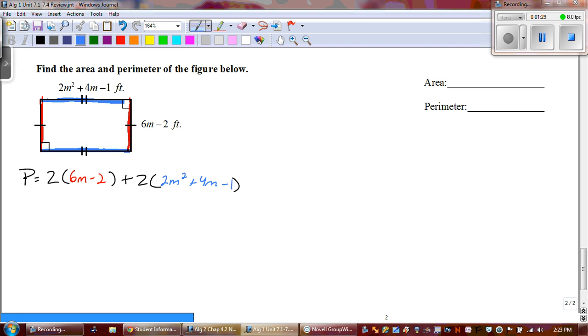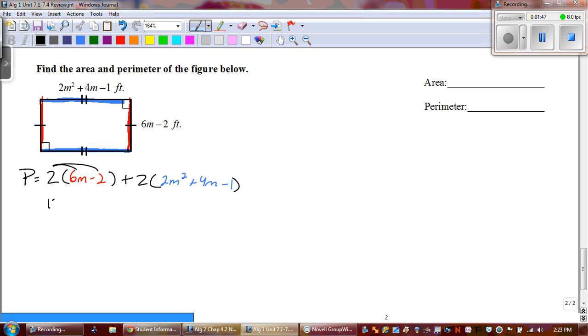Okay? So how do we solve this? We distribute. I know it says add in the middle, but before we do that addition, we have to distribute first. So go ahead, distribute those two.